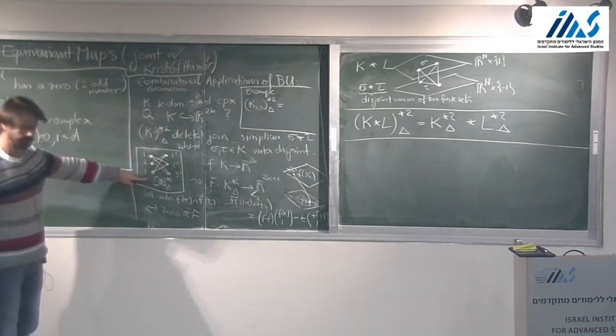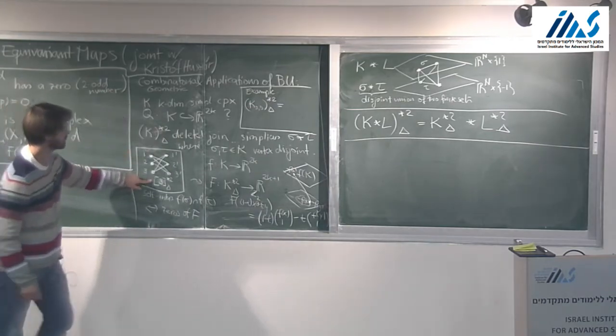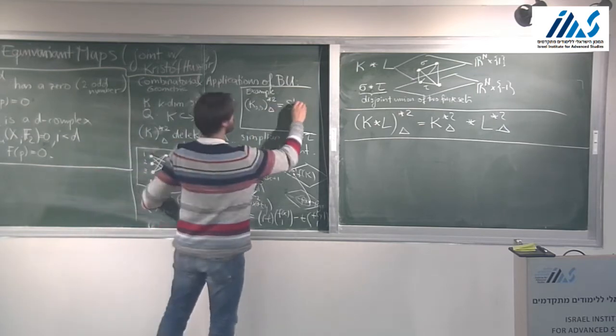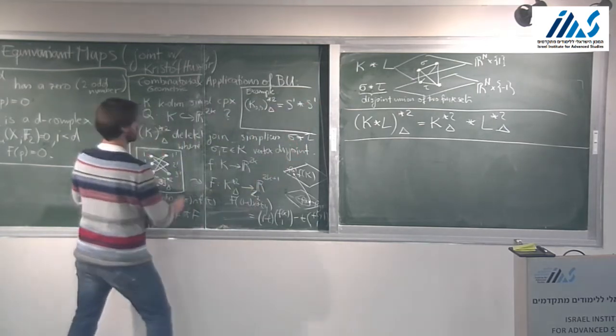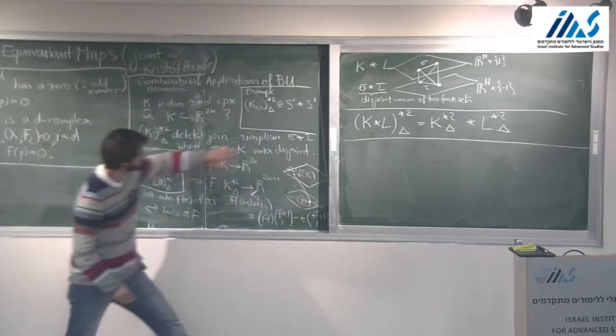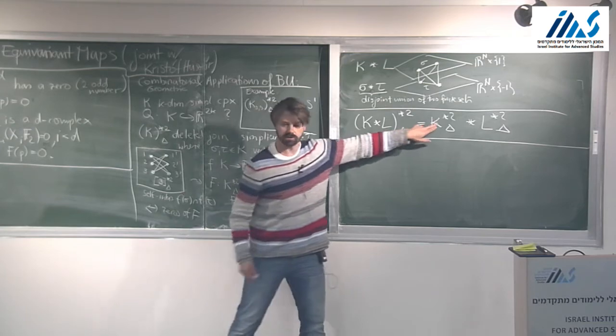So if you apply this here, this is a 6 cycle, a copy of S1, homeomorphic to S1. And each of these factors, the deleted join, is a copy of S1.